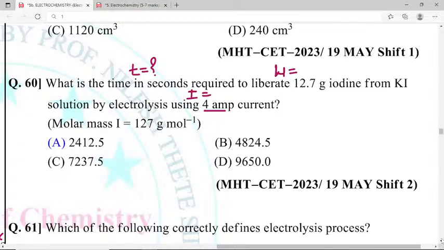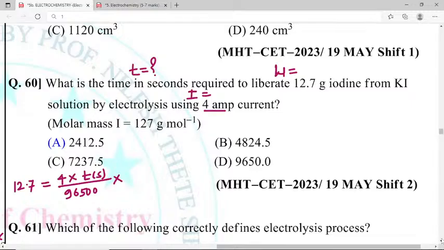So what is the formula we have to use here? W of iodine, how much? Iodine is given as 12.7. So 12.7 is equal to current in ampere. So what is the current in ampere? 4 ampere multiplied by time in seconds, this whole divided by 96500 coulombs multiplied by mole ratio.